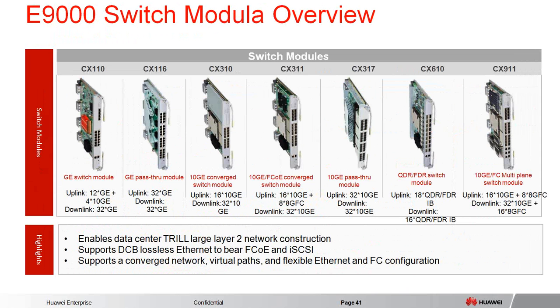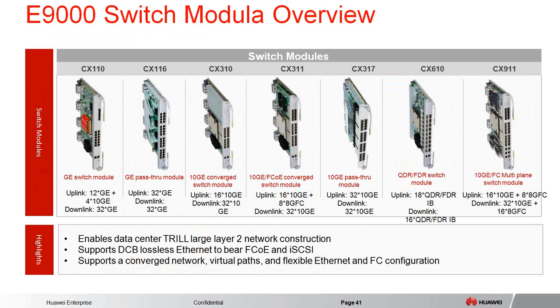Then you have an uplink that provides up to 32 gig, with 32 downlink. Then another uplink which is 16 times 10 gig. Then another that provides 16 times 10 gig plus fiber channel. You have another uplink and downlink, which is the pass-through. The other one was fiber channel over Ethernet.